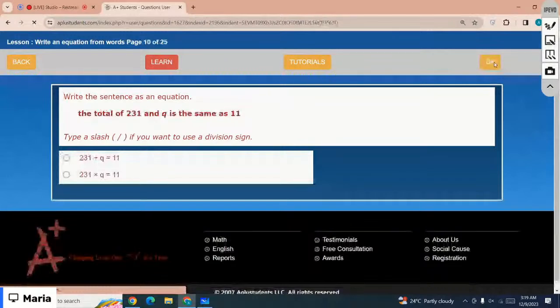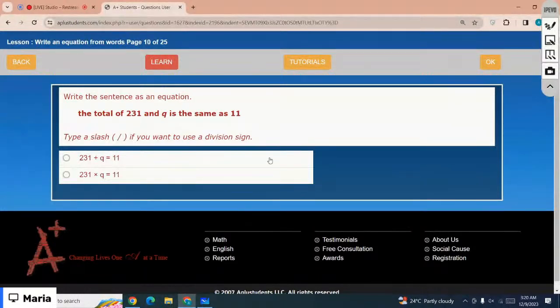The total of 231 and Q is same as 11. So which is the correct option? Yes, it is 231 plus Q equals 11.